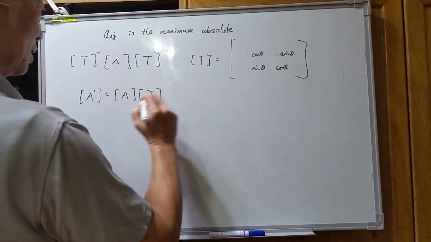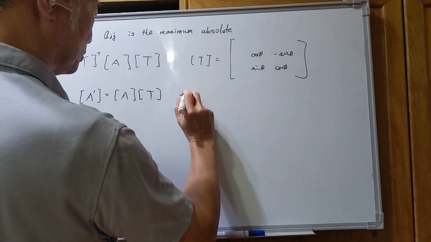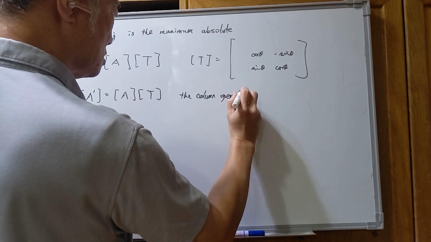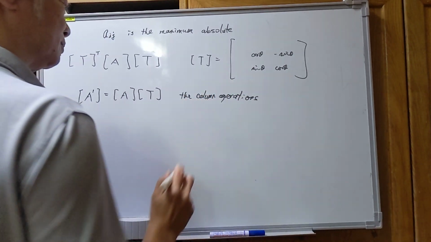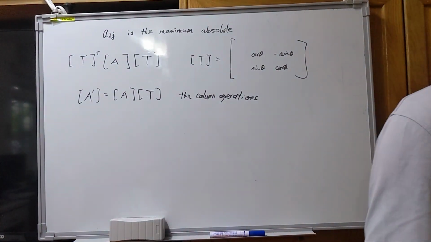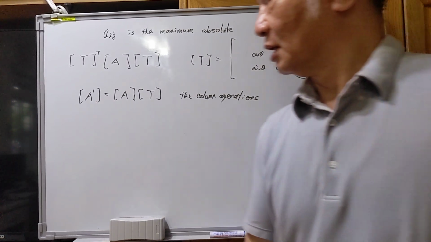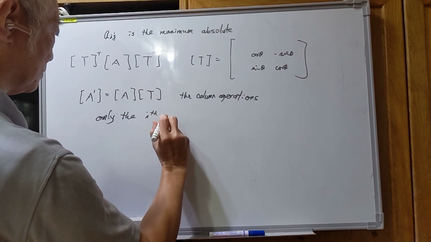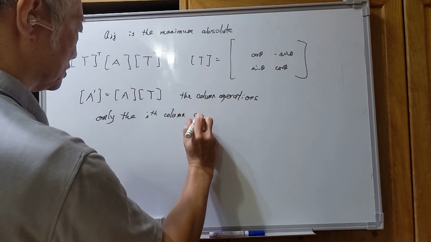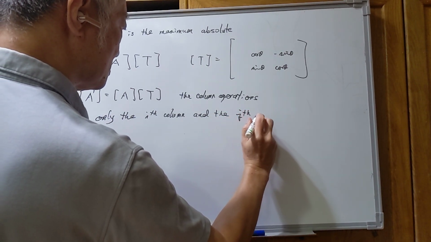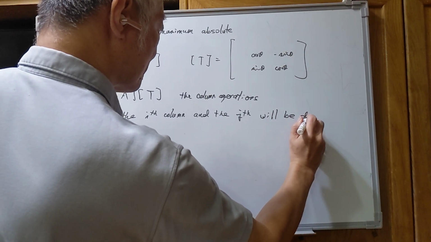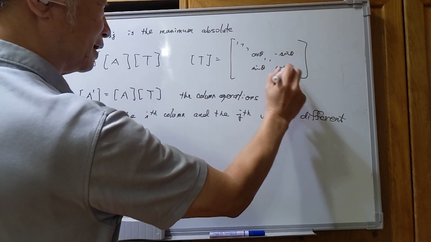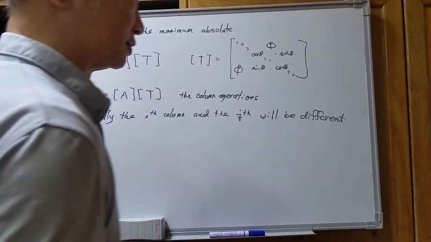The post-multiplied matrix will make the new A prime differ only in the ith column and the jth column, since all other diagonal elements are equal to 1 and all the off-diagonal elements are equal to zero.